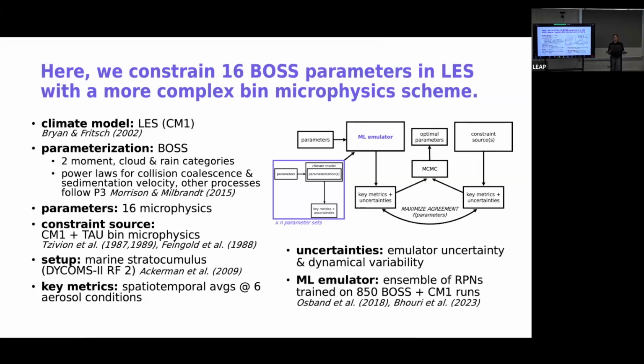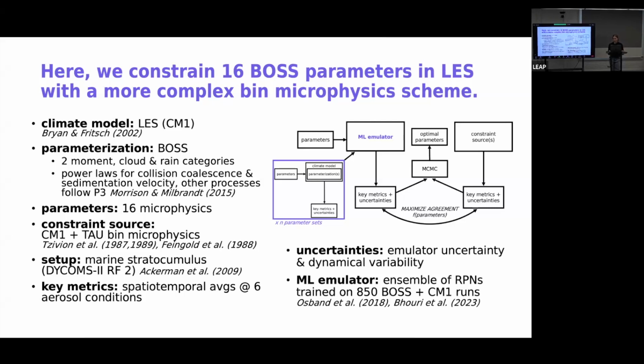Specifically, the model we're using is CM1. We're using a traditional microphysics parameterization setup with power laws for process rates and 4 variables. And the setup we're looking at here is a marine stratocumulus. The key metrics we're using to constrain our parameters are different spatiotemporal averages of our domain at 6 different aerosol conditions.